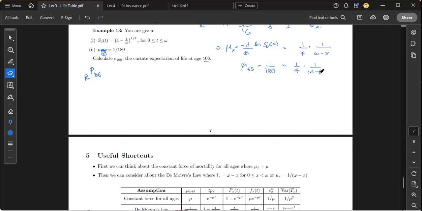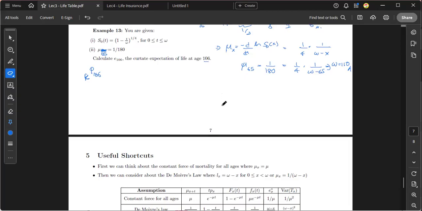If it was 65, this gives omega equal to 114. Yeah, so that is meaningful. If I use 106, omega will go to 151. So that's why I rechecked it. So if we edit this mu 65 as 1 over 180, we will get something reachable for a summation by hand.